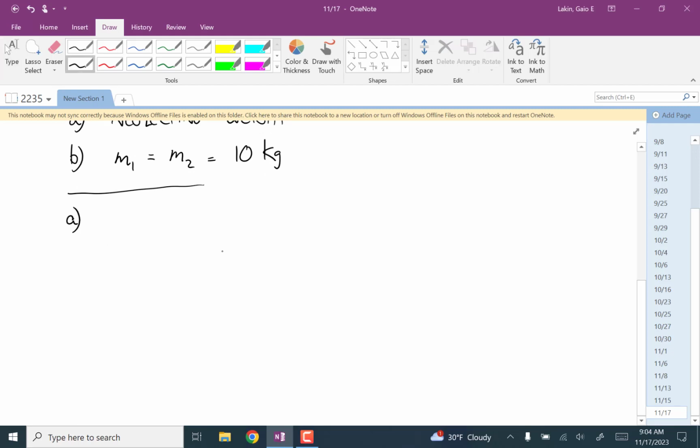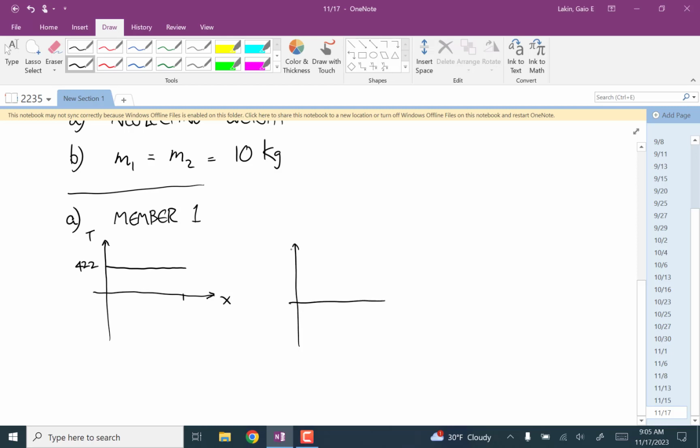And we got, for member 1, a tension of 422. And then the other two were both just zeros. That has to be the case if you have 2-force members. You can't ever have shear forces or bending moments.